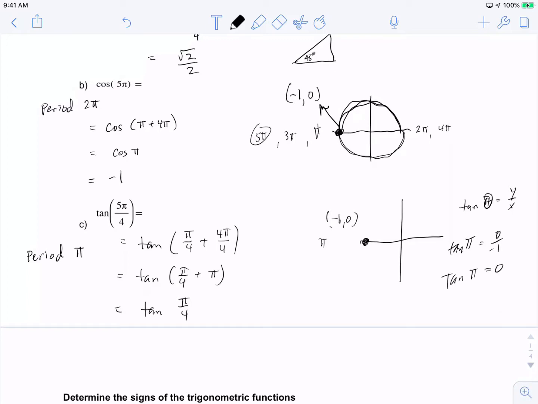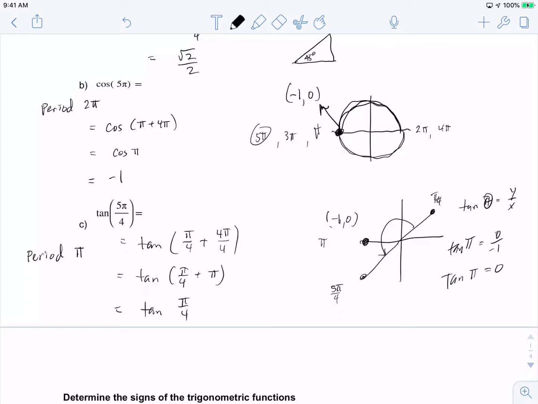And so when we get to the pi over 4 piece, it's important that we understand if that's pi over 4, adding pi to that would put us over here. This is where 5 pi over 4 is, right? So you're going to use that starting position and then rotate, adding a full pi or half circle to it to get to the 5 pi over 4.